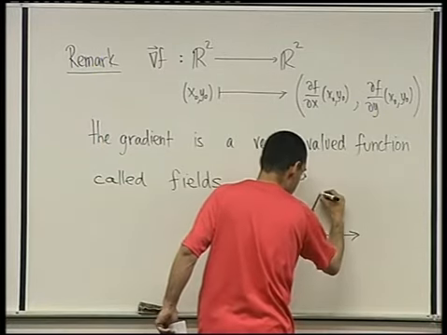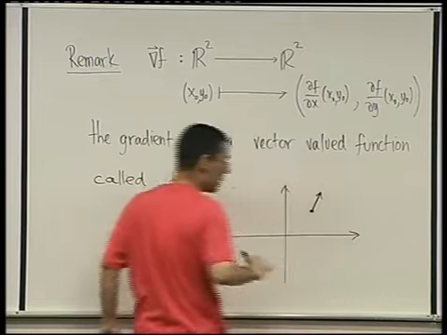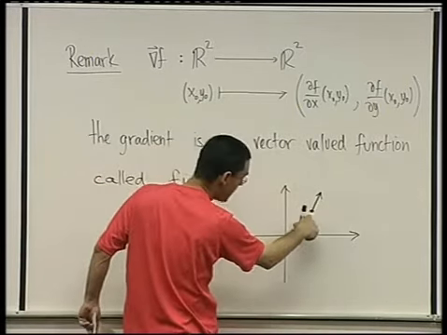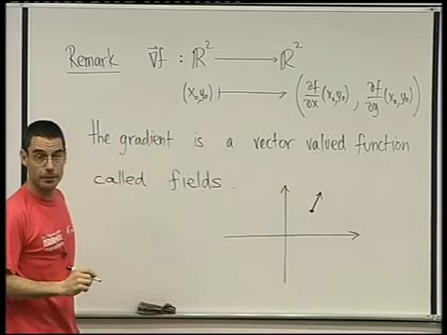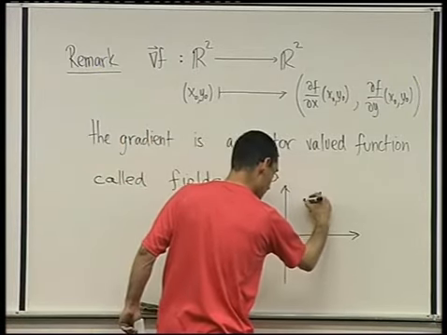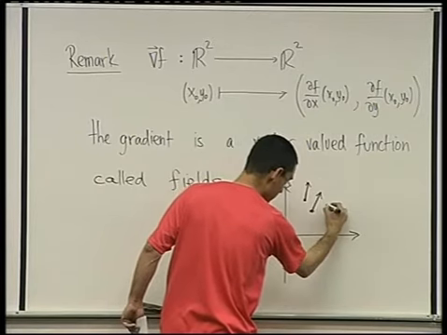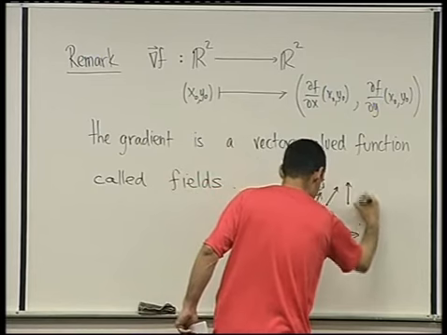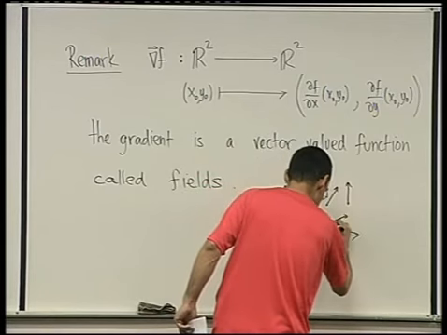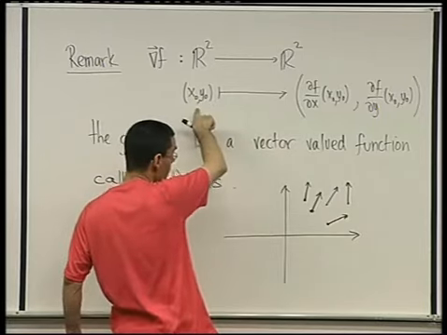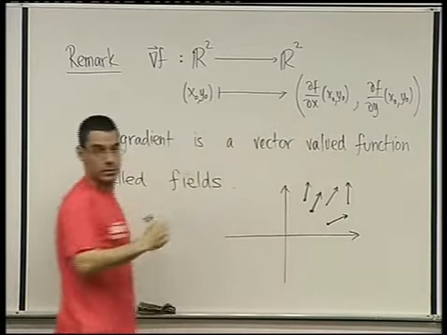So at every point, you get a little vector like this. That's the gradient of f at the point x0, y0. Okay? Now take another point. Maybe here, you get a vector. At every point, you get a vector. Do you agree? At every point in R2, the function spits out a vector.